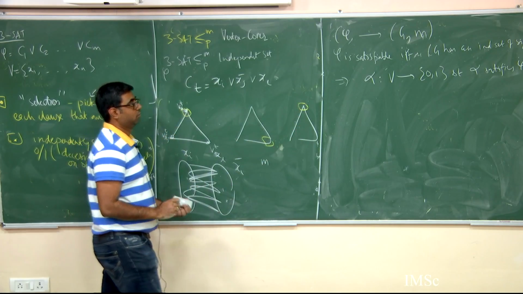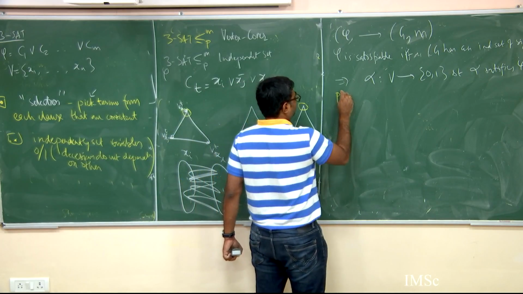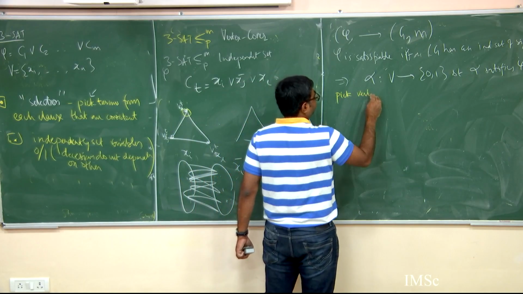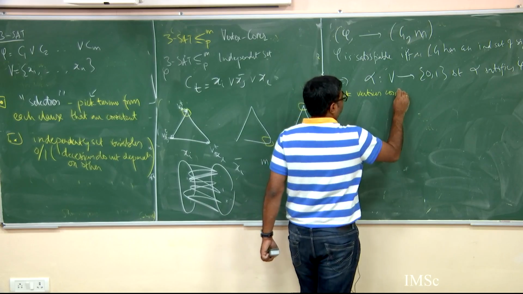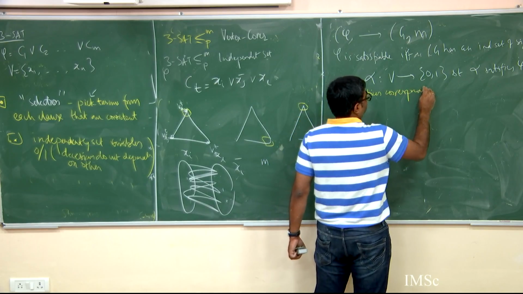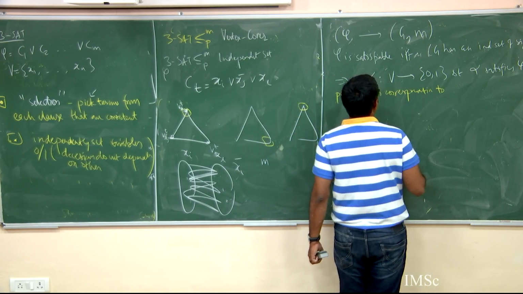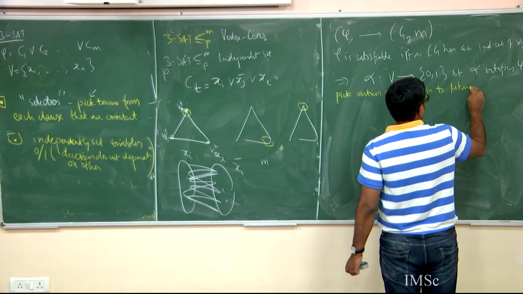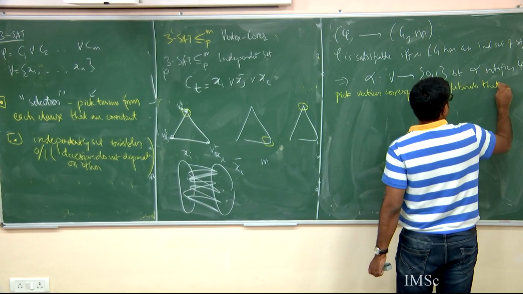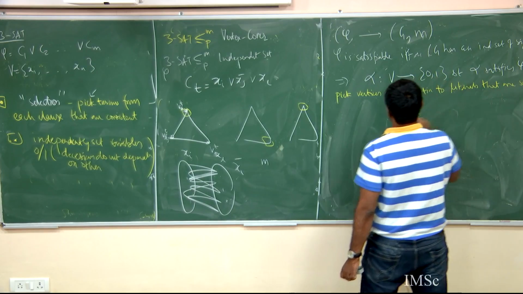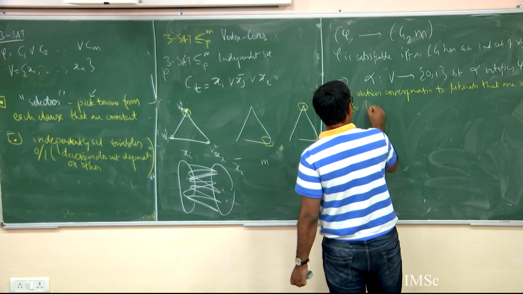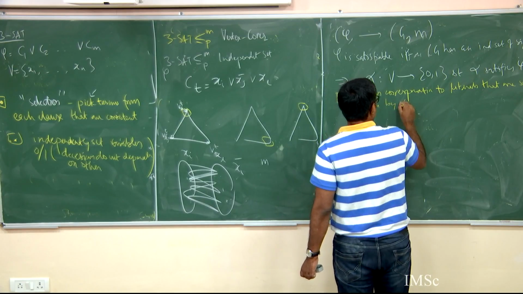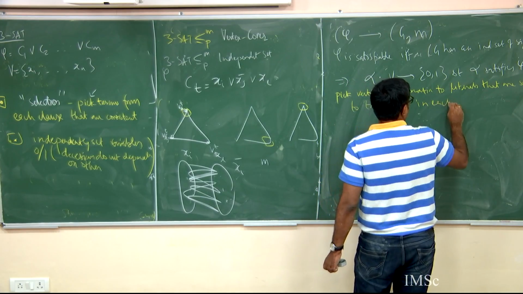Pick vertices corresponding to literals that are set to true by alpha in each triangle.